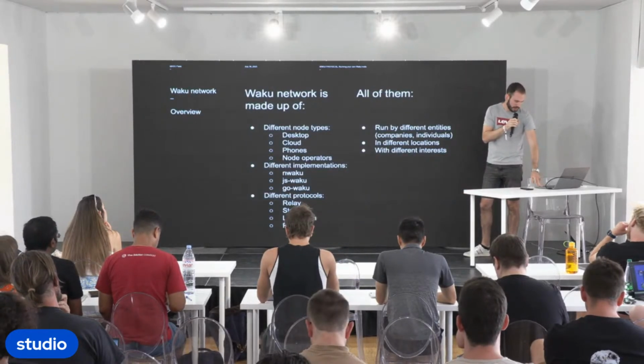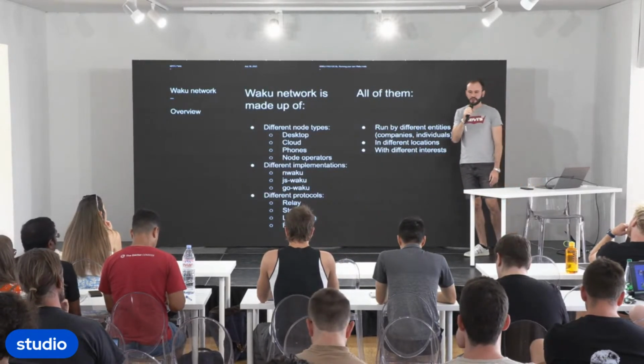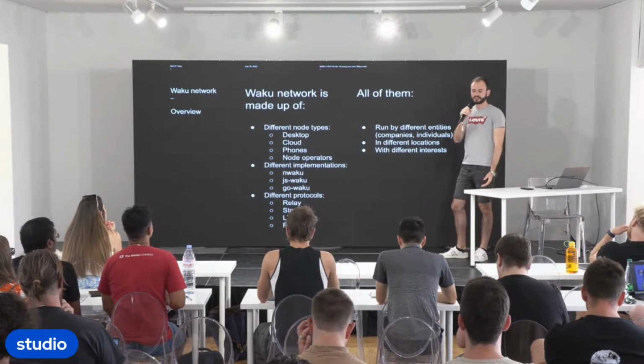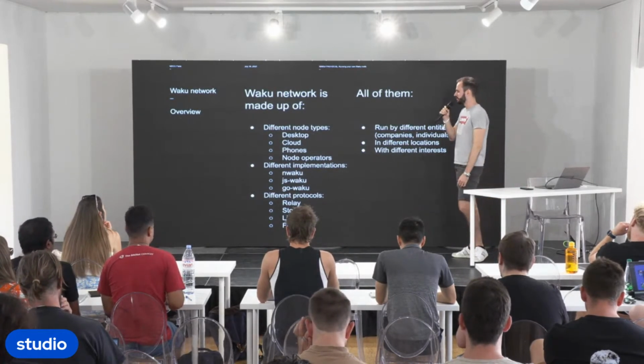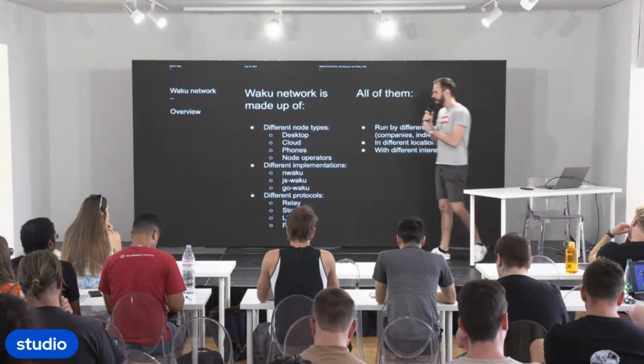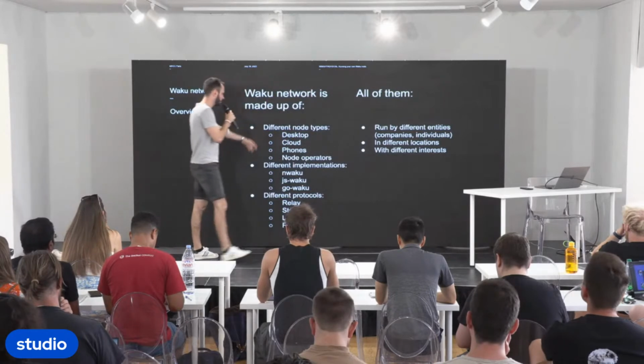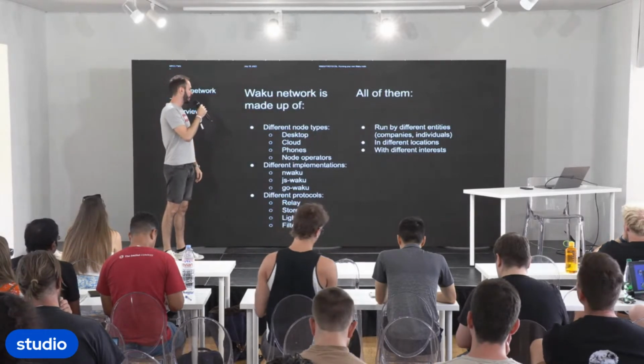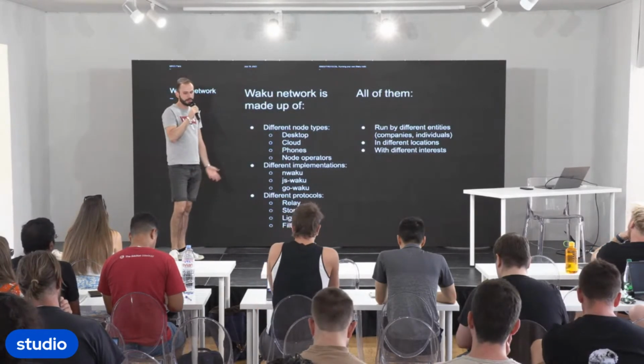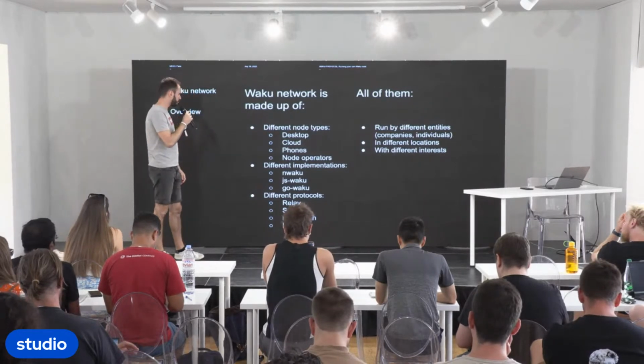So the Waku network. We aim for the Waku network to be a decentralized network with a bunch of node types. They could be running on desktop, cloud, phones, by node operators, people also running a dApp node, if you know this hardware.